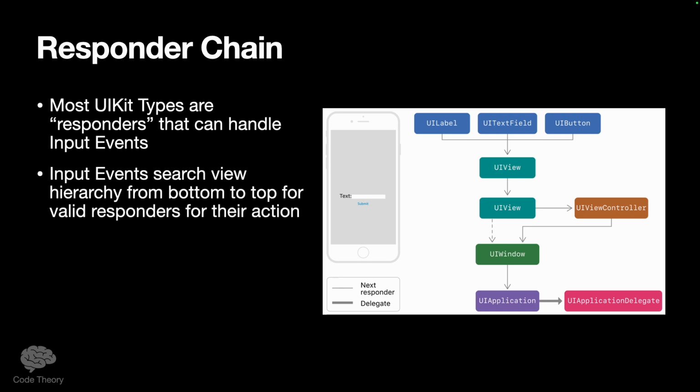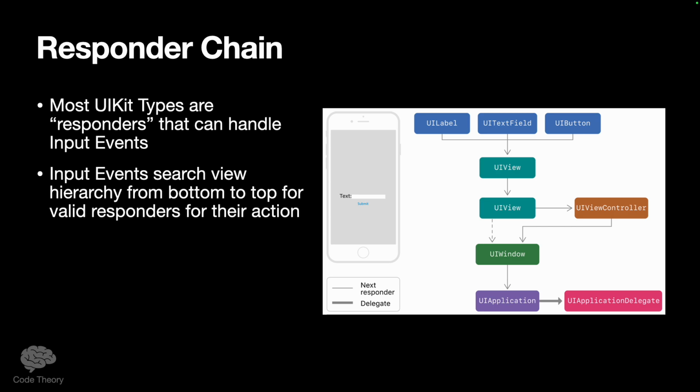When an input event comes in to the UIKit framework, the first thing UIKit does is search the view hierarchy from the bottom to the top of the tree, which to the user is basically the things that have rendered on top, the most visible. It searches through those first, and tries to find valid responders for the action.